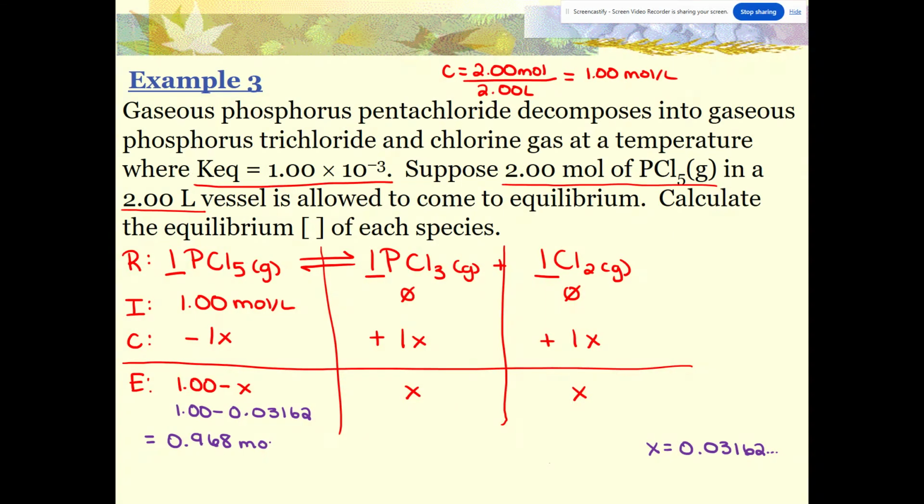These are concentrations, so they do have units. And now my other two products are just x. So if I round x to 3 sig digs, it would be 0.0316 moles per liter for each of my two products.